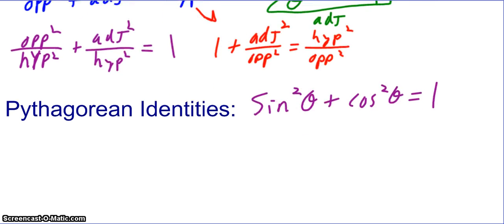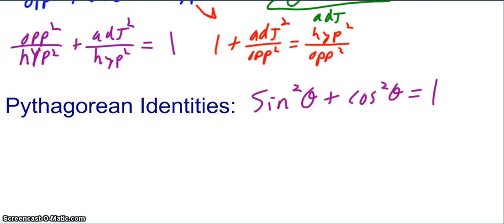If I write that in terms of trig functions, that gives me my other Pythagorean identity. The other way to think about it is taking this first identity and dividing everything by sine squared. So my other Pythagorean identity is going to be 1 plus cotangent squared theta equals cosecant squared theta.